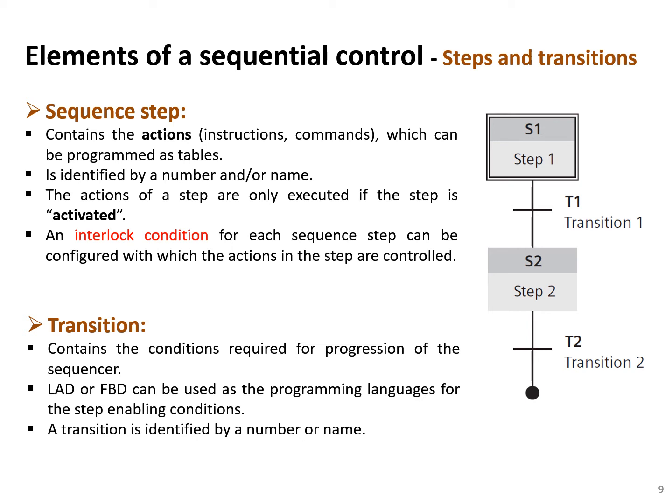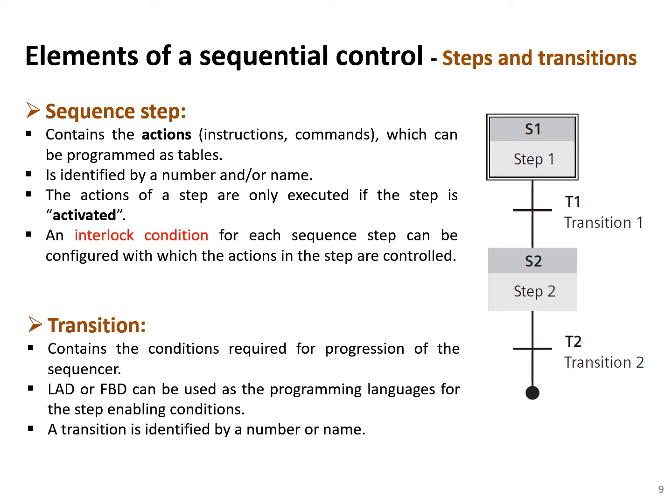Transition: the transition contains the condition required for the progression of the sequencer, to move from one step to the next one. Ladder or FBD, which is function block diagram, can be used as the programming languages for the step enabling condition. So inside the transitions, we mostly use ladder logic.